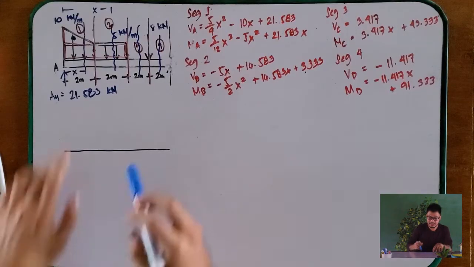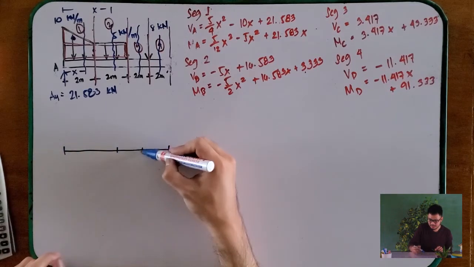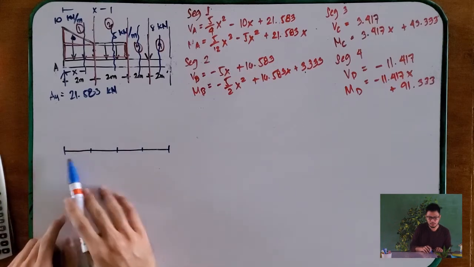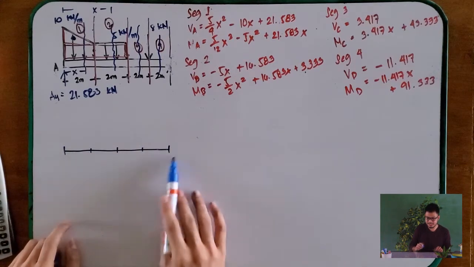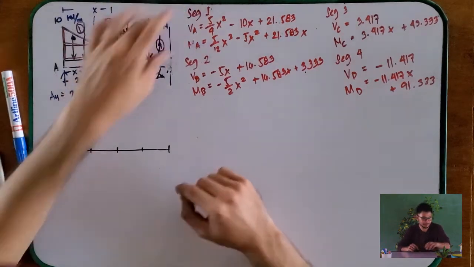Now, let us graph. We're not yet done because we have to graph this one. So how are we going to graph that? Let's first go to our shear diagram. We all know that the whole length of this beam is 8, so let's divide it by 2: 0, 2, 4, 6, 8. Start with segment 1.